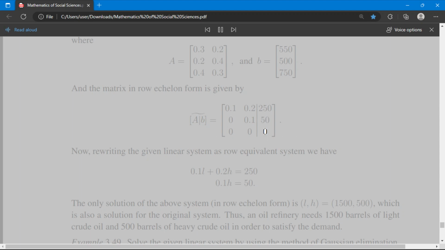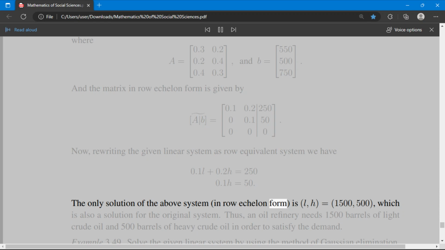Now, rewriting the given linear system as a row equivalent system, we have 0.1L + 0.2H equals 250, 0.1H equals 50.